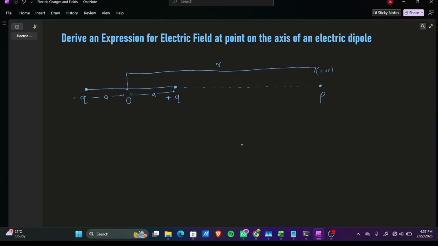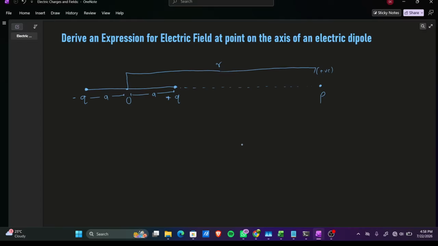We are assuming from the midpoint of the dipole to the point, the distance is r. We have to find out the electric field at this point. So this is the positive test charge, and here is the positive charge.